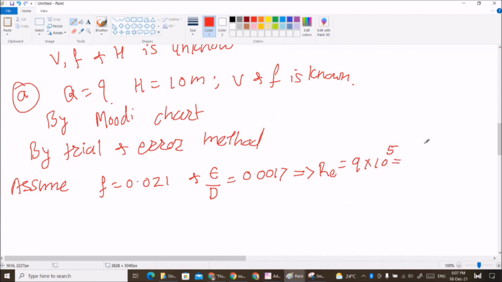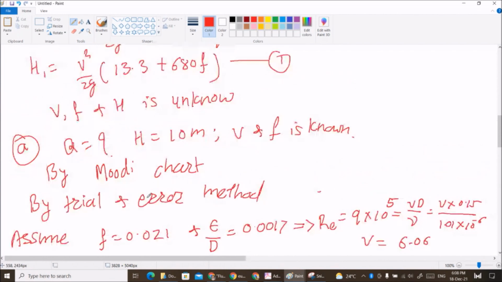So this will give you a Reynolds number is Vd by nu. So V into 0.15 divided by 1.01 into 10 to the power minus 6. So this will give you V is equal to 6.06. So put this value in the equation. So equation is up here, the velocity and h, and find out f. Whether it is same, then our assumption is correct.